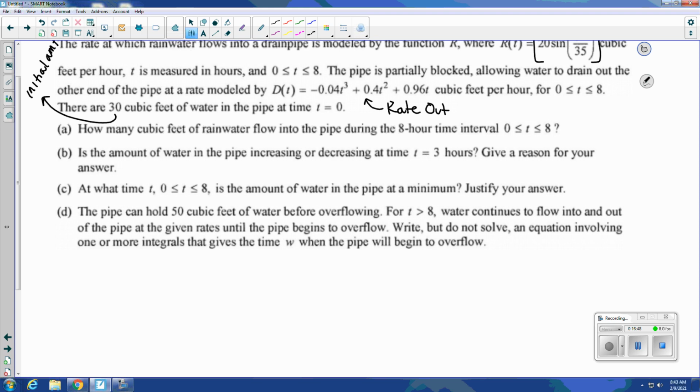So the total amount, again, is going to be equal to the initial amount, which is 30, plus the integral of the rate, or the total amount that went in, from 0 to 8. So again, pay attention to the time. We're going from 0 to 8 of the rate in, which is r of t. Then we're going to subtract from it the amount that went out.